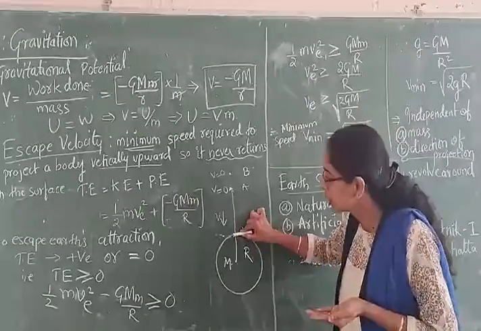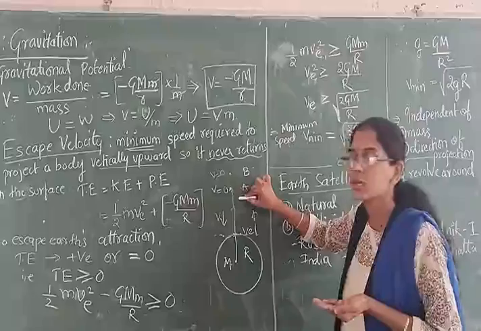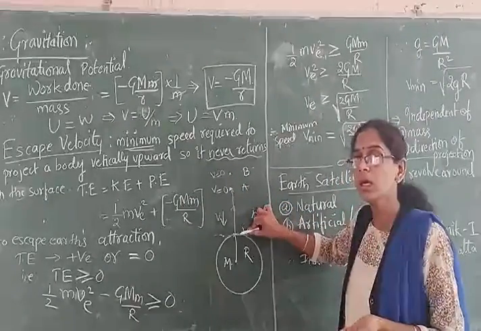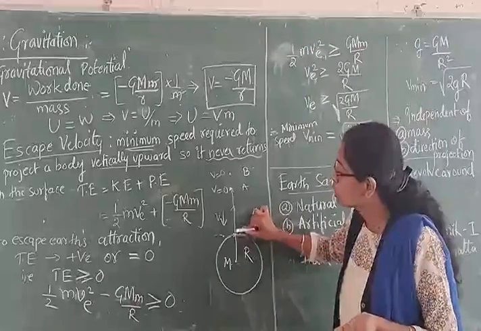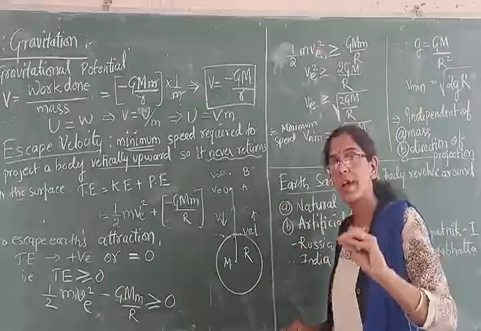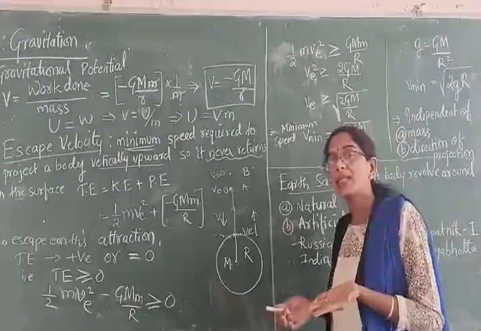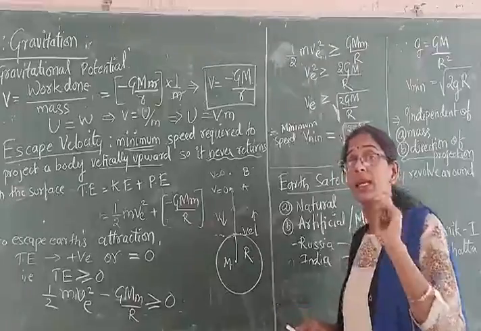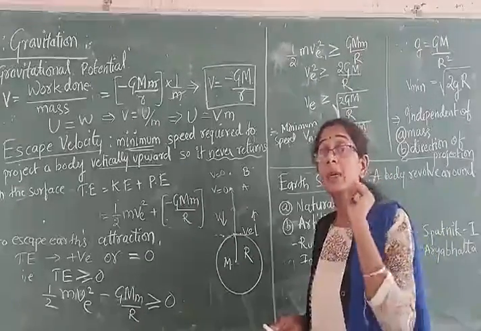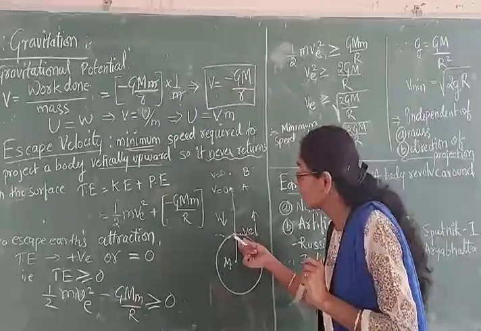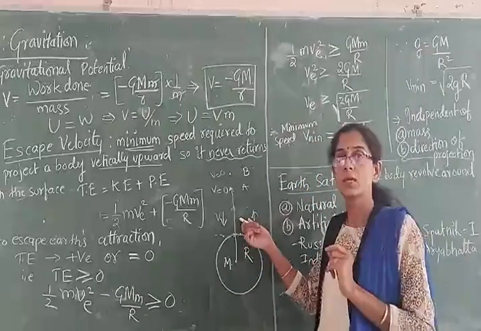So when the object is thrown above the surface, what will happen? Whatever kinetic energy was there will be slowly getting converted into potential energy. Why? Because of acceleration due to gravity, and as the object moves above and above, the velocity value will decrease by a factor of how much? 9.8 meter per second. So therefore, the kinetic energy will also decrease.